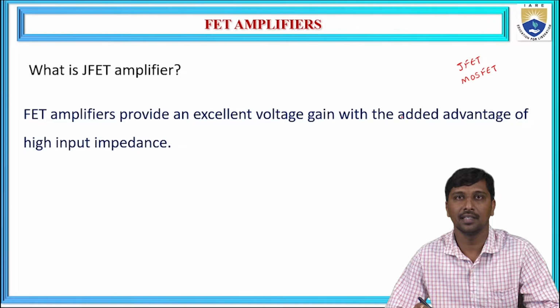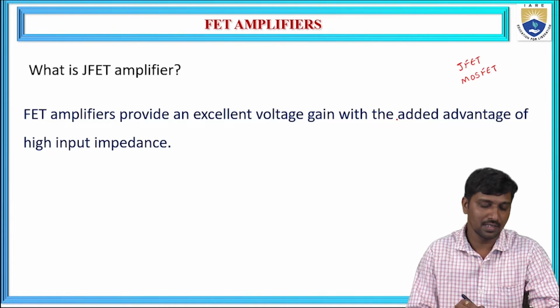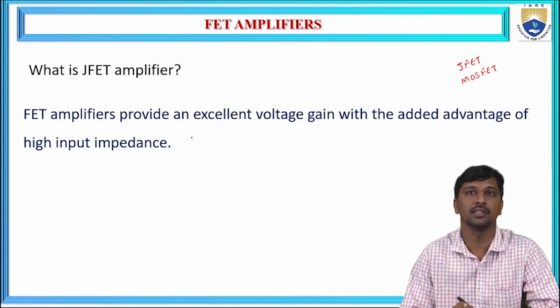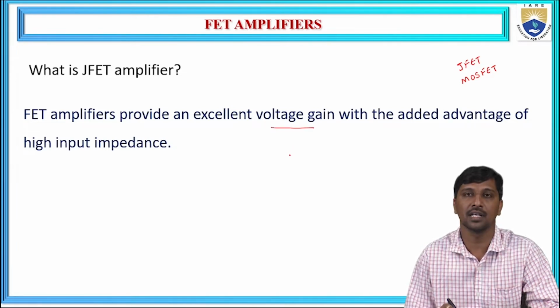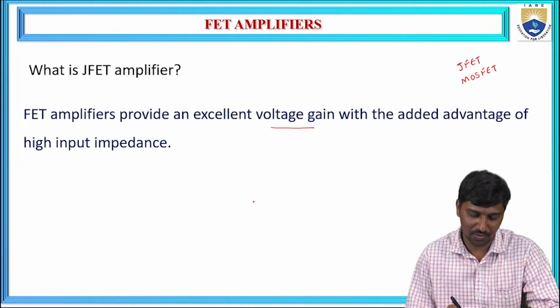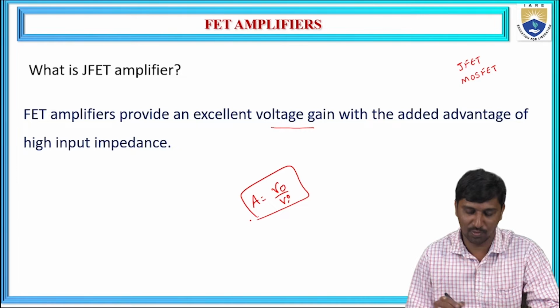The reason is the construction of the JFET amplifier: the input, that is the gate, is biased with a reverse voltage, hence it offers very high input impedance. So we choose the JFET for amplification with an excellent voltage gain, meaning it provides a high voltage gain parameter. We know that the gain is the ratio of output voltage to the input voltage.